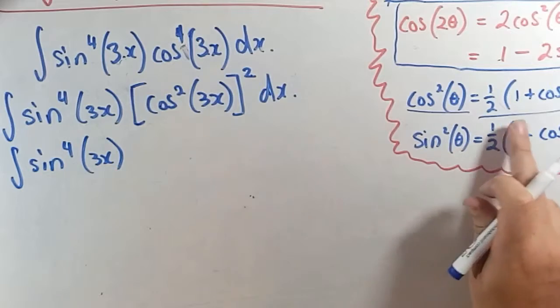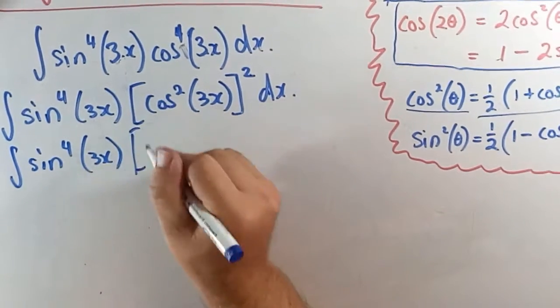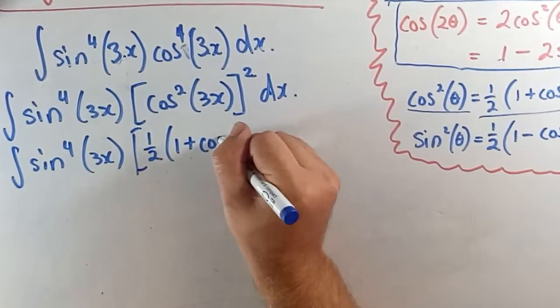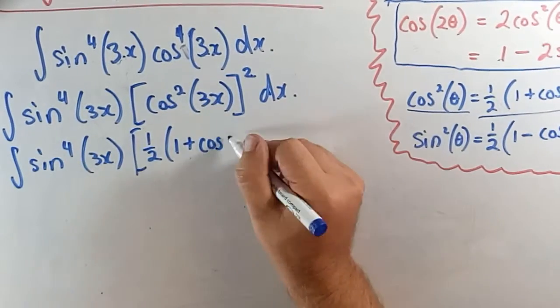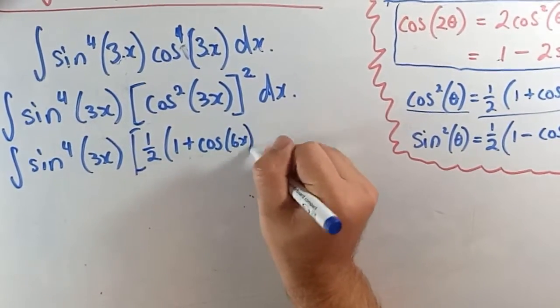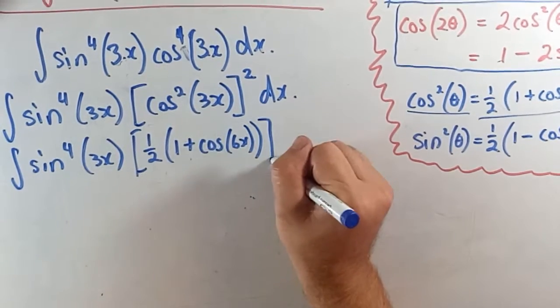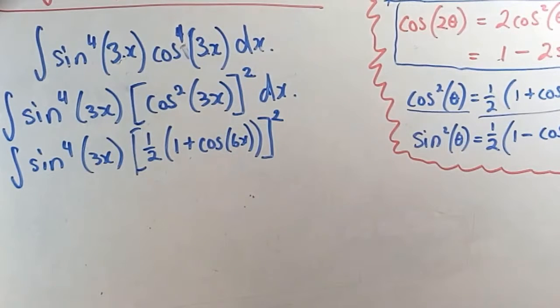Cos squared is the same as this, so I'm going to plug that in. 1/2 of 1 plus cos of 2 theta, so I'm up to 6x. And this is squared. Wonderful.